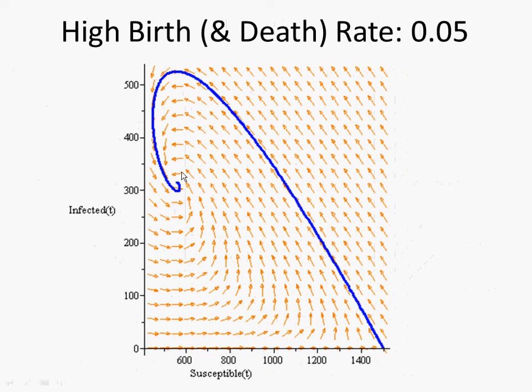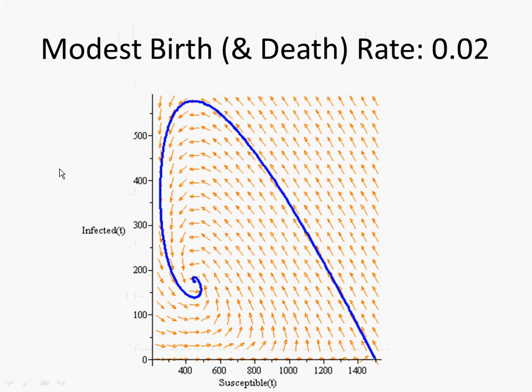You'll notice there's almost a limit cycle around here, exhibiting whirlpool-like behavior, and that's associated with what? The fact that this is curved around like that is associated with equilibrium. It's going towards an equilibrium, focusing in on this point, and we go up to this point, come down to it, and again we're at the same number of susceptibles. It's oscillations.